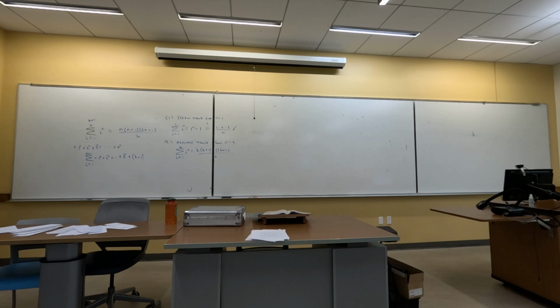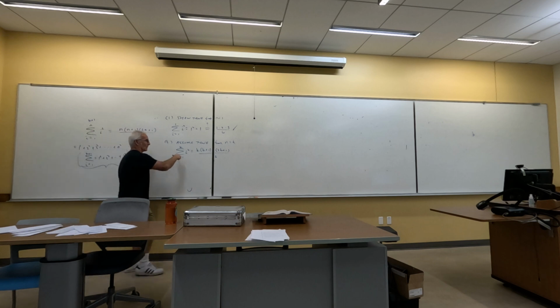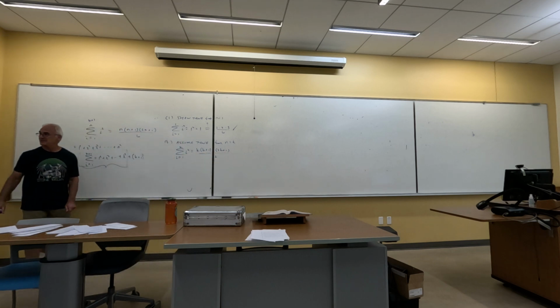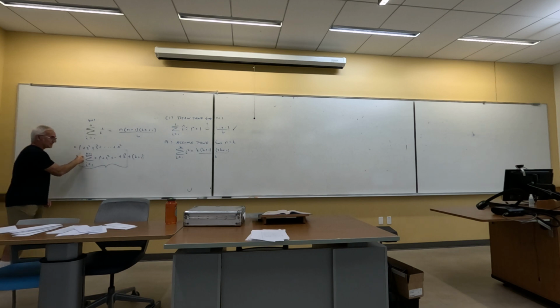Stare at that for a moment. Make sure you agree with that. Okay. Why am I writing it that way? Because we are assuming this part. We're assuming that. So what I want to do is write this down.